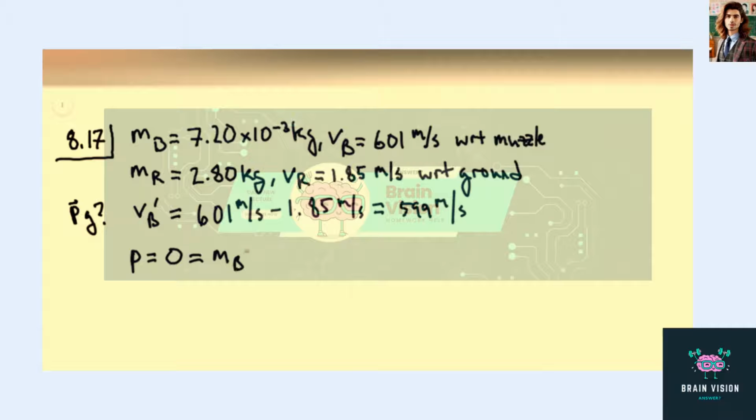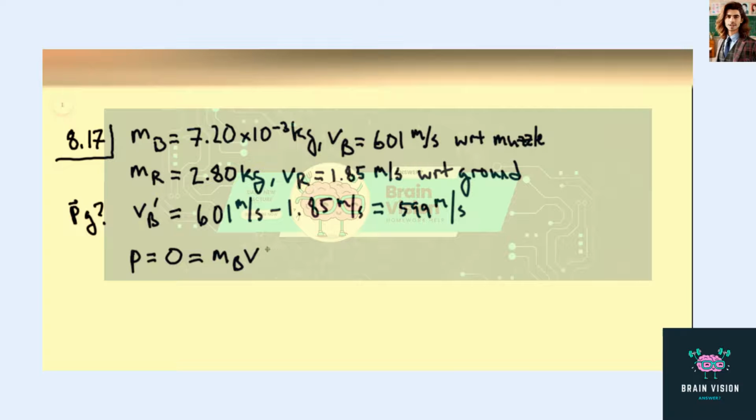Initially it's 0, and if we write all the momenta down at the moment the bullet leaves the muzzle of the rifle, then that also has to be 0, and then we can find what we're looking for here, which is the momentum of the gases.